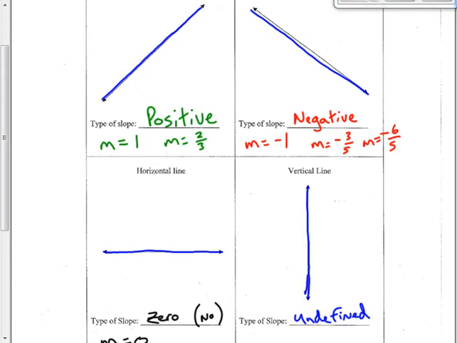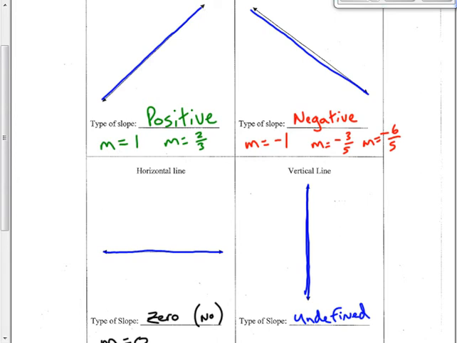Or I guess you could look at it as going this way too. If you go to an air show and you watch planes go straight up, they stall themselves. Planes stall when they go straight up, just like your car would stall sometimes if you're going straight up a hill and you're driving a clutch type thing. So vertical lines are undefined.